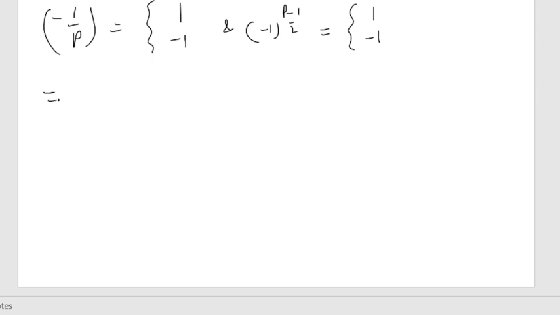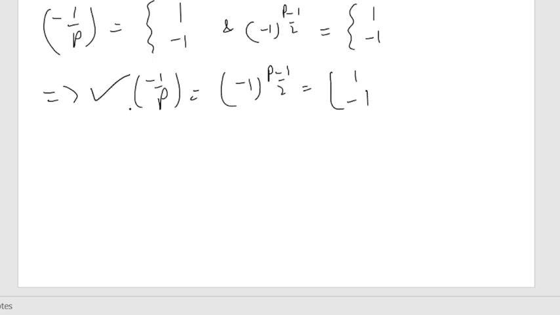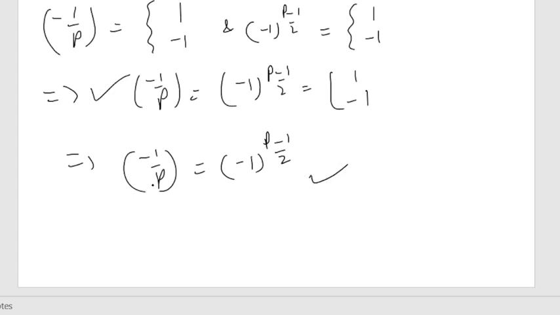That means both will give you either 1 or minus 1, and they are equal. This implies we can write the Legendre symbol of minus 1 by p is equal to minus 1 to the power (p-1)/2. So this is the proof of the second part of the fourth property.